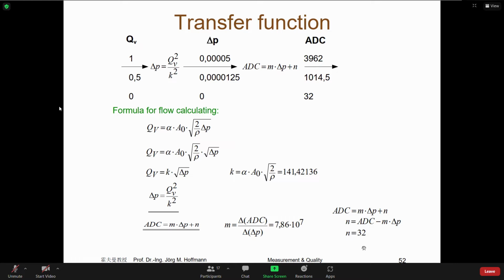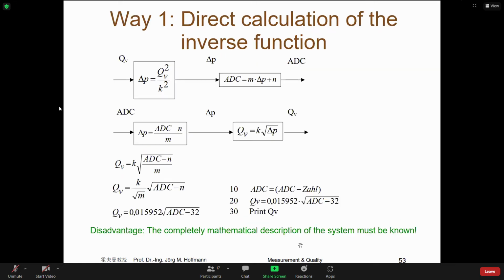And when you have all these values, then you can look at your system. This is what we have just seen. And now you go with the ADC number into your computer, and you have to go this upper way back from the right side to the left side.